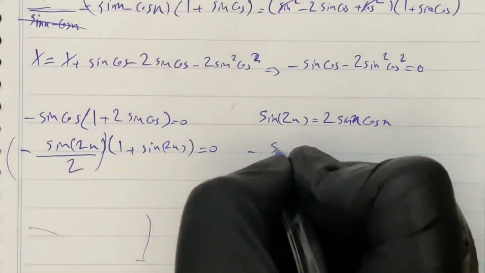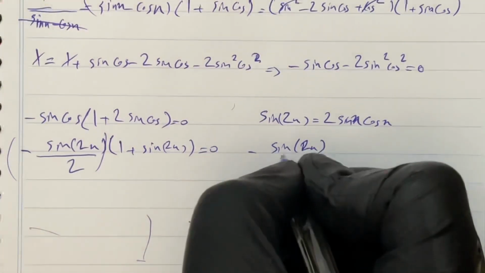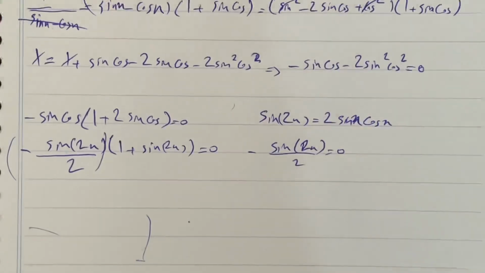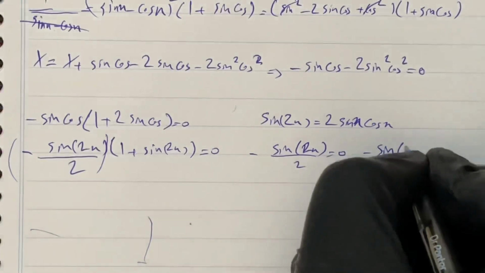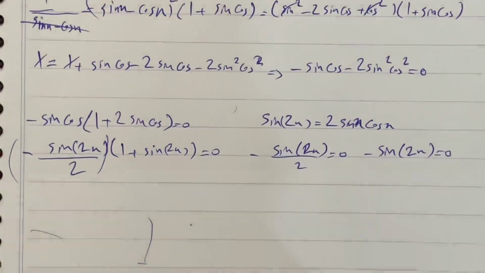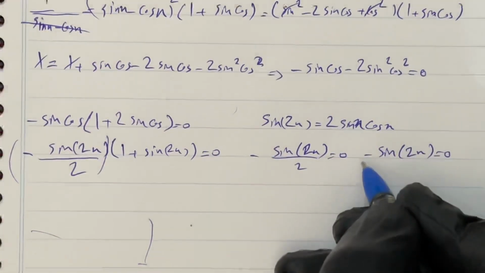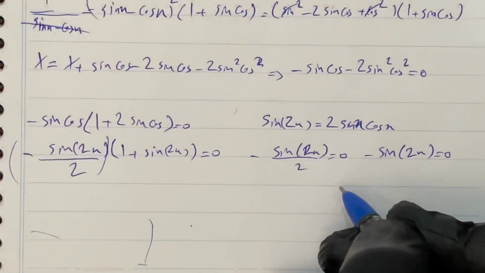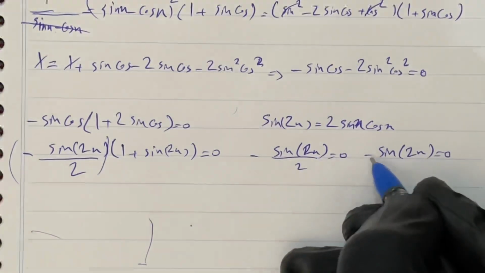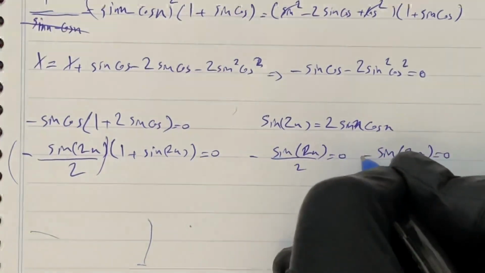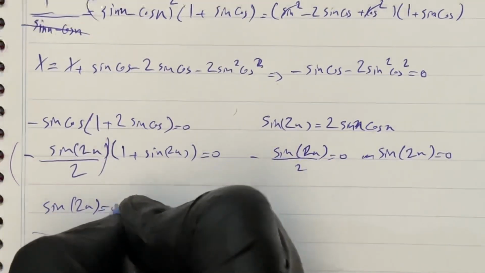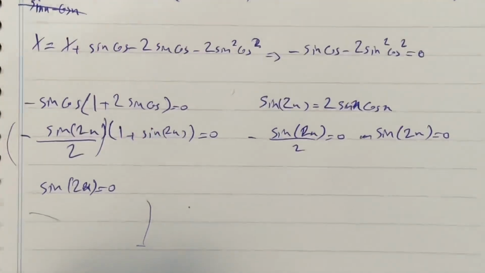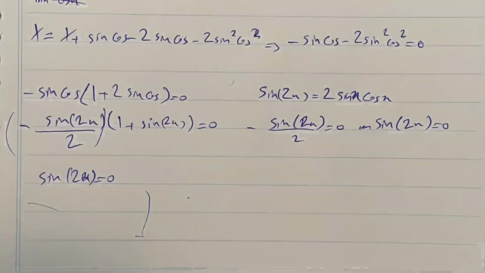If negative sine of 2x over 2 equals 0, we get negative sine of 2x equals 0. A negative before sine doesn't affect it, so we can ignore it. We would have sine of 2x equals 0.